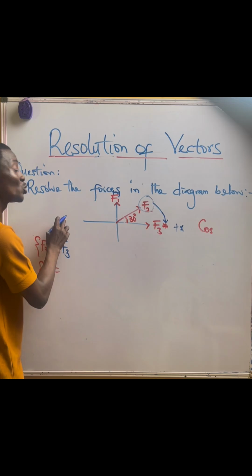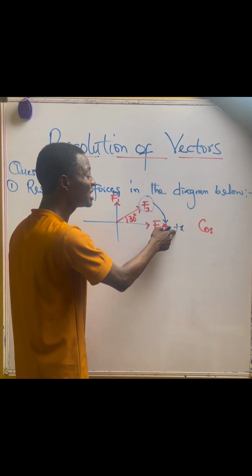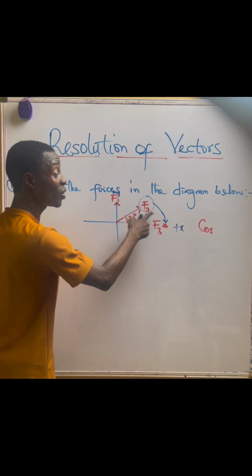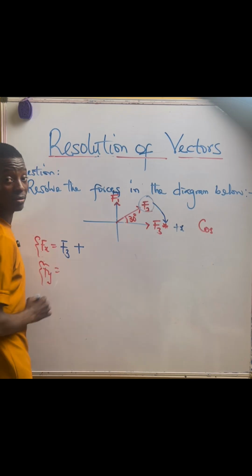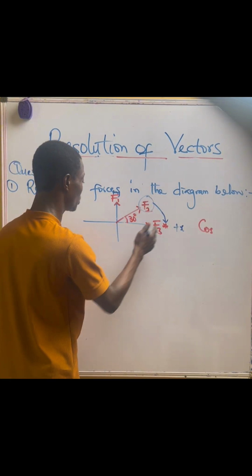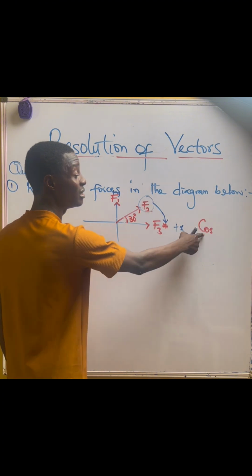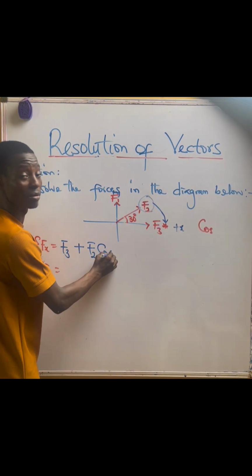I cannot bring it to negative x-axis, no, because it's not near to it. Do you understand? But this guy is near to it, so I'm resolving towards the positive x-axis. Because I'm resolving towards the positive x-axis, it will be plus the force, then the trig ratio, which is cos, right?